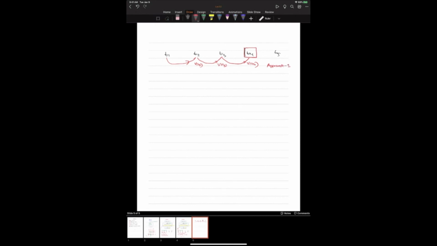Another approach is you just compute from here. That will also give you VT4. For the second approach, you will write VT4 is velocity update of T1, T4, and VT1. That is approach 2.